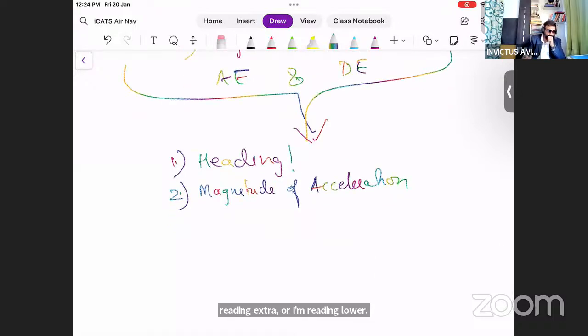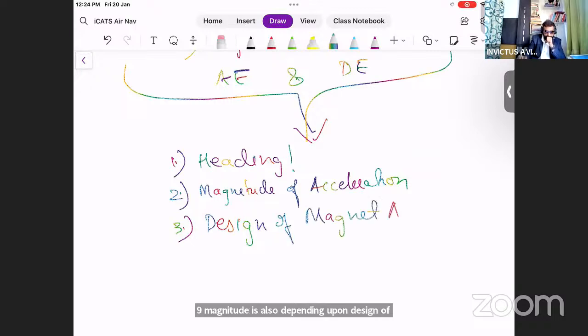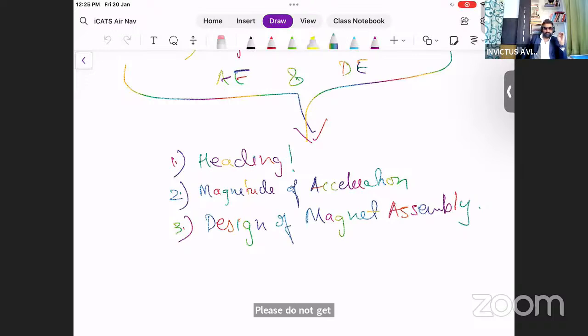Next, you will write: magnitude is also depending upon design of magnet assembly or the sensing magnet assembly. Please do not get confused now. Questions, they could use any adjective. And the magnitude also depends upon the magnetic latitude.